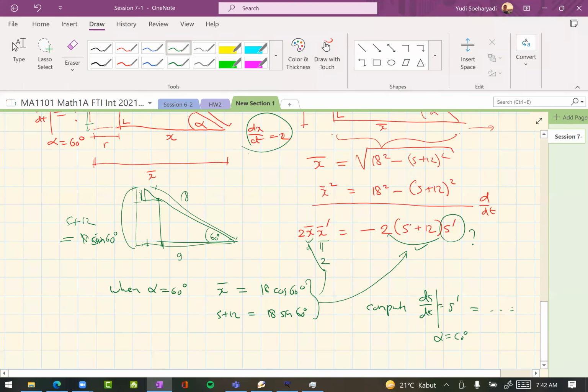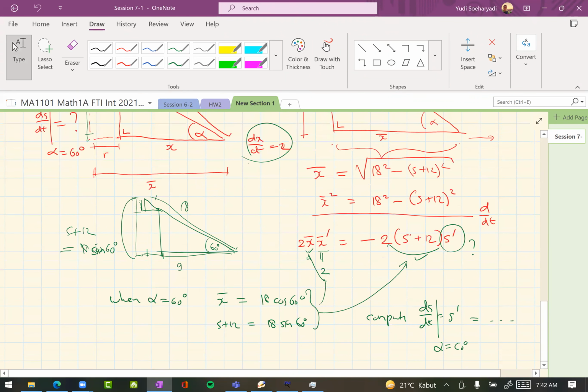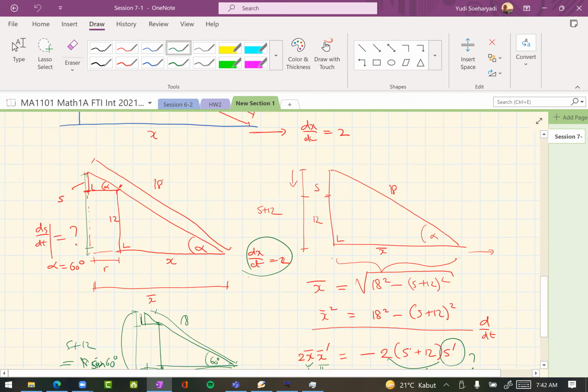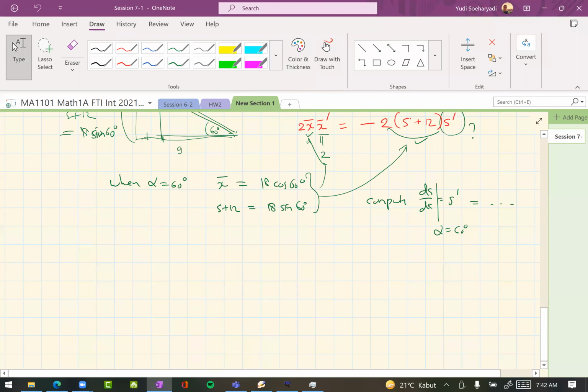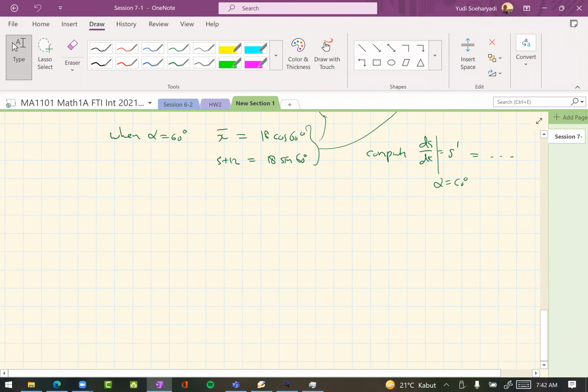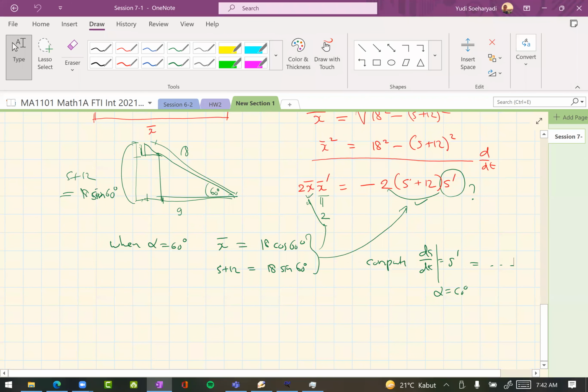It's slightly more complicated in this picture. All right, so you have those two cases, leaning against a wall and not leaning, over the wall. Questions?